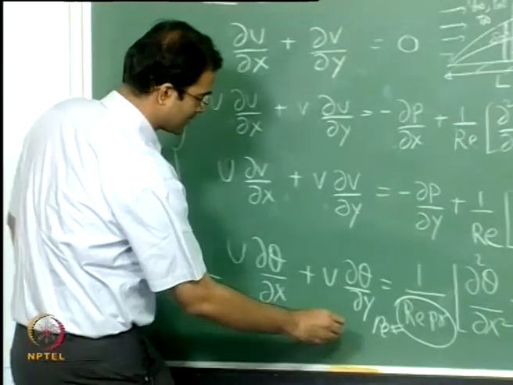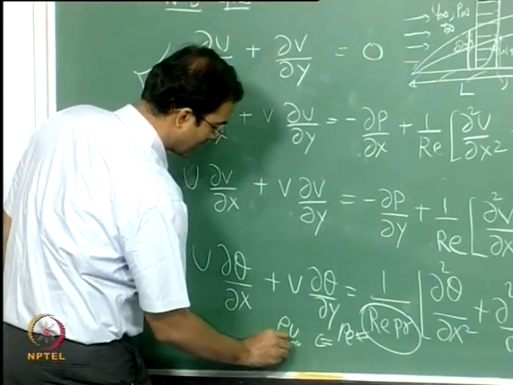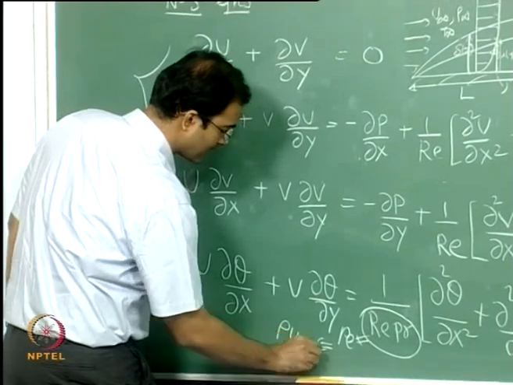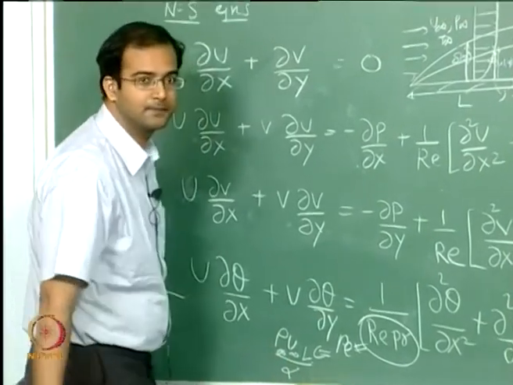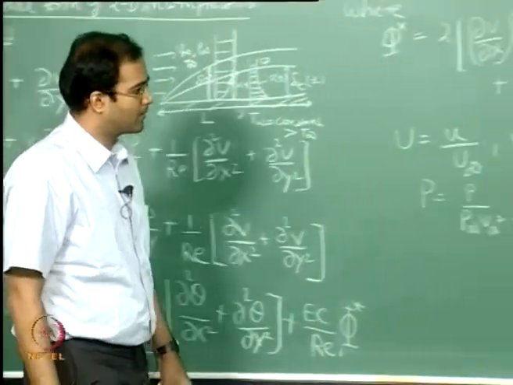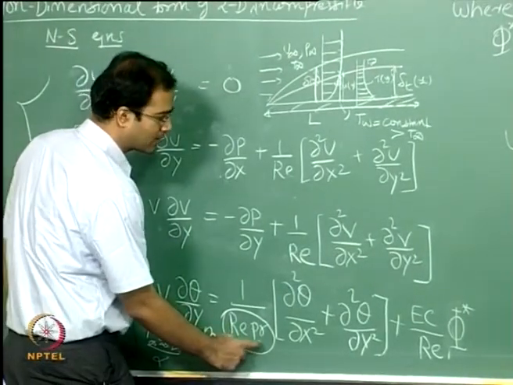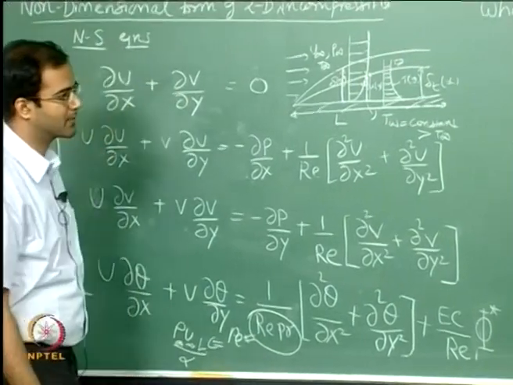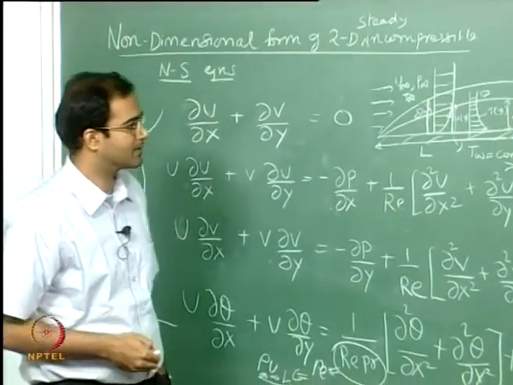This is nothing but rho infinity u infinity L by alpha. Most of the time you have this pair coming into your expressions, so they have combined that and it's denoted as the Peclet number.